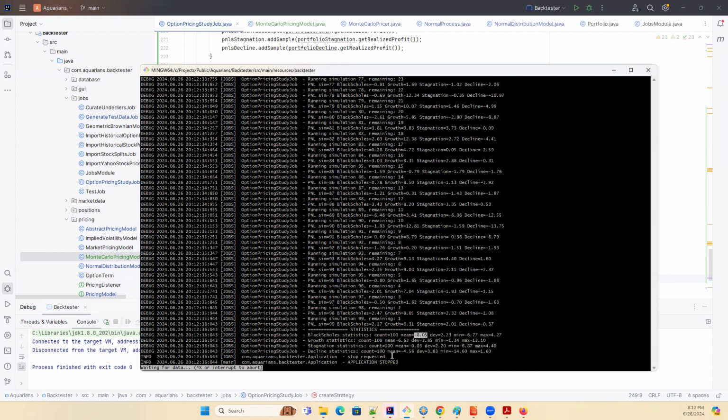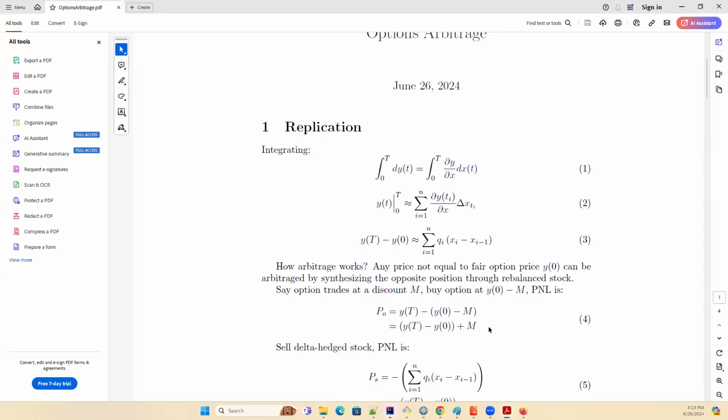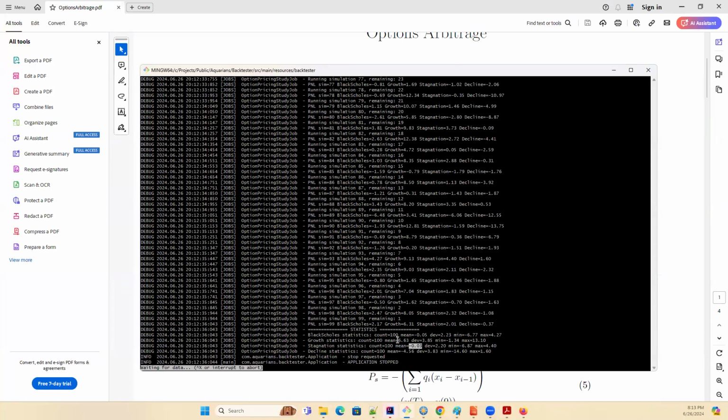Okay, and Black-Scholes and the proper Monte Carlo model are still around 0, and the wrong models have reversed. This one was losing money, now it's making. This one was making money, now it's losing. So you need to be at 0, because anything beyond 0, this margin, you do the proper trade and you keep it. Otherwise, it's just random stuff.